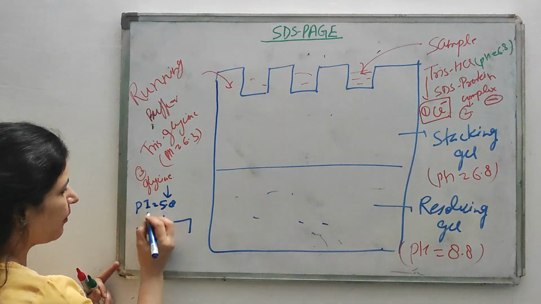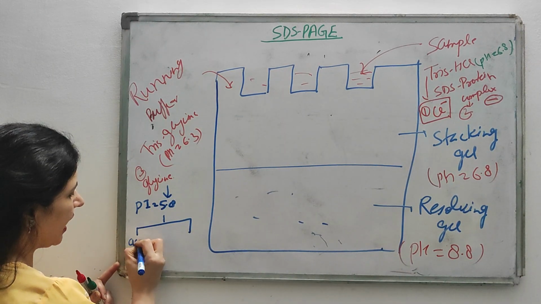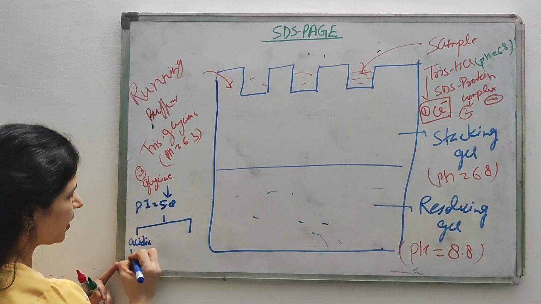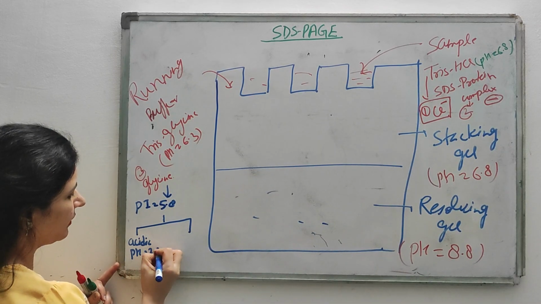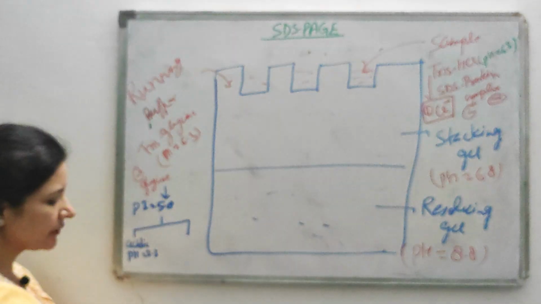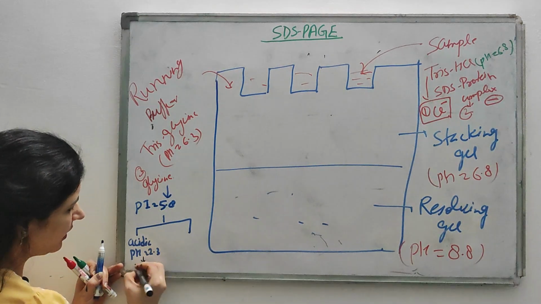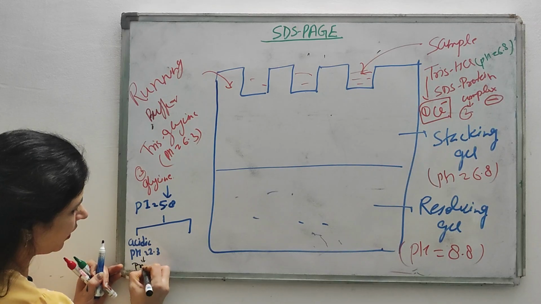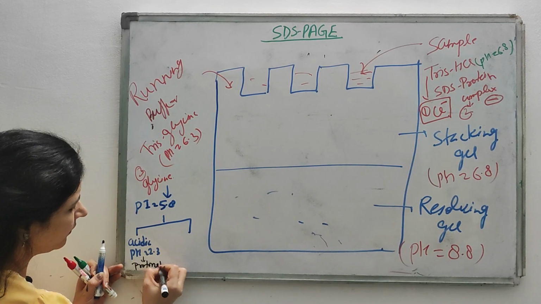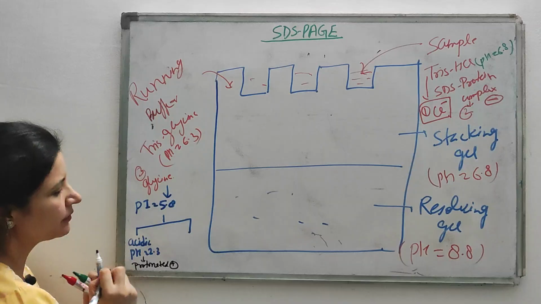But if you put this glycine in acidic medium, and suppose your pH is 2.3, then what will happen? Then this glycine will be protonated and carry positive charge.